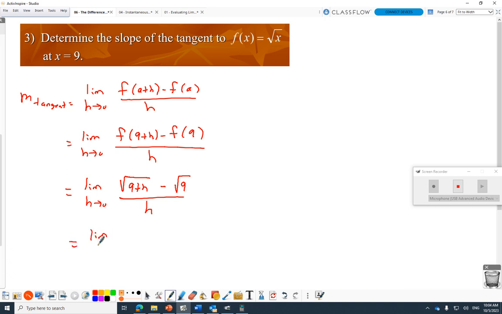Because they were at least a little bit kind in the x value, the a value that was chosen here because it was a 9, and I can take the square root of 9, and that's 3. And if I sub into that, at that moment, I get root 9, which is 3, minus 3 is 0. I get 0 over 0.